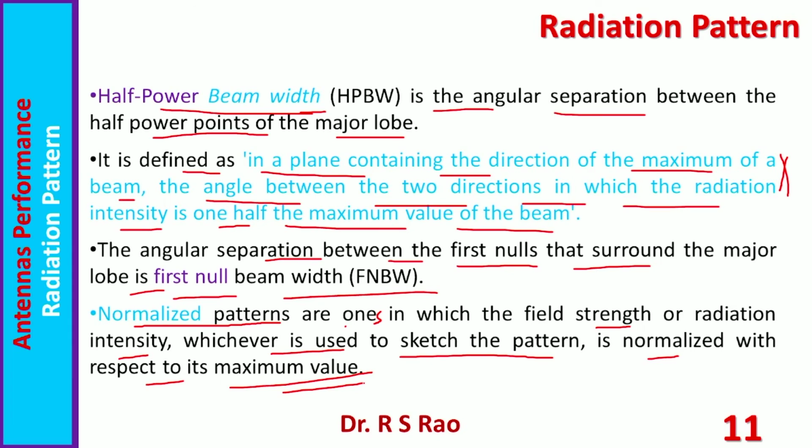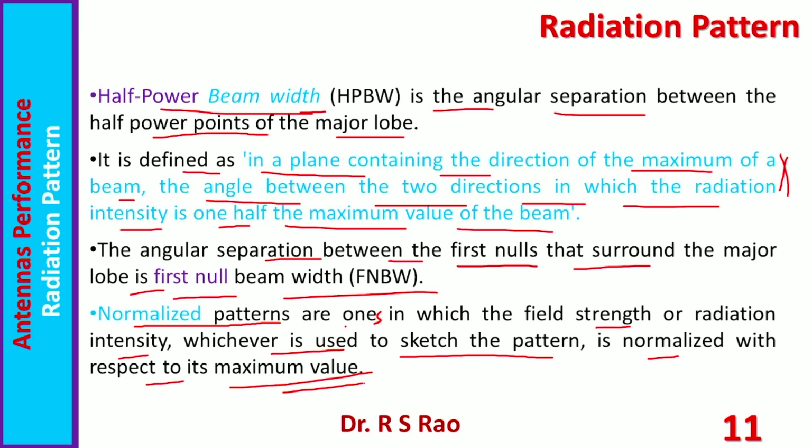Normalization is a term we come across in transmission line theory, in antenna theory, and in some other areas of study too. In transmission line theory, normalization refers to dividing a particular impedance by the characteristic impedance of the line. So normalization is done with the characteristic impedance of the line.